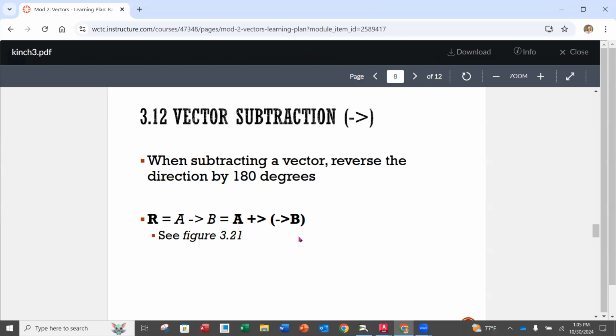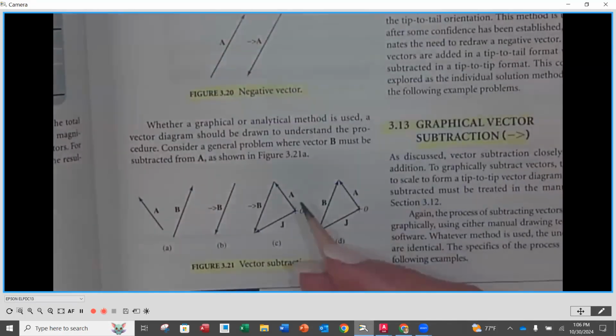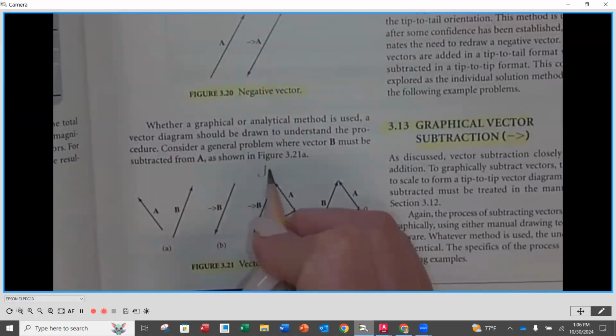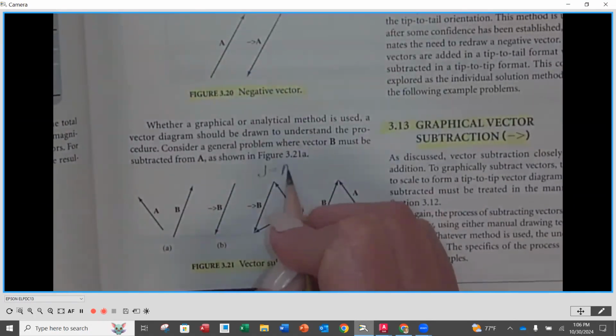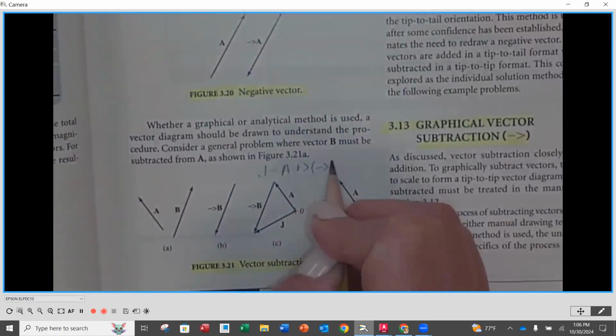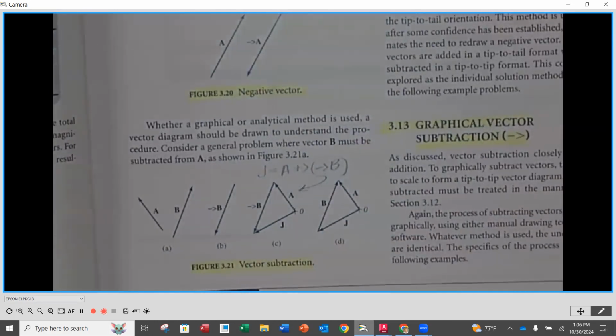Now, when we do a vector addition, it is always going to be tip to tail, okay? So we're going to do this one first. We're going to see how this one works out. So if we go back over here, you're going to notice that C is going to be J, which is our resultant, is going to be equal to A plus vectorially the negative value of B. Okay, that's going to be this arrangement right here.